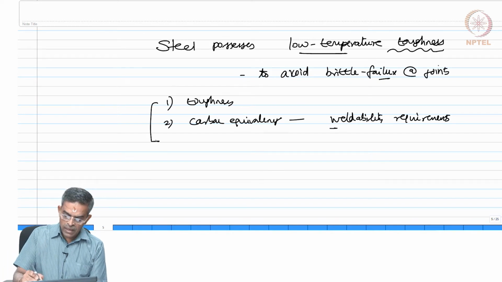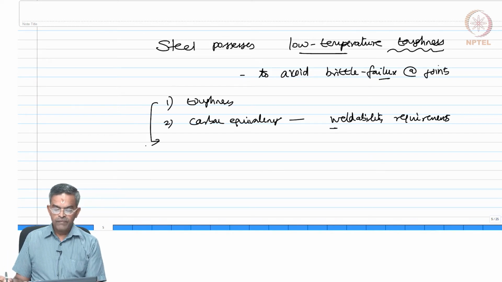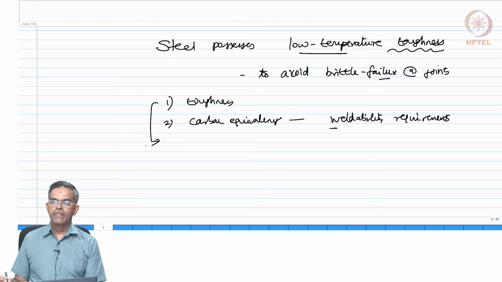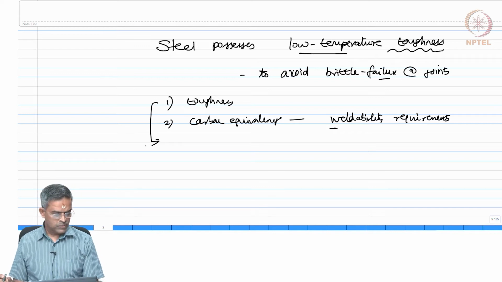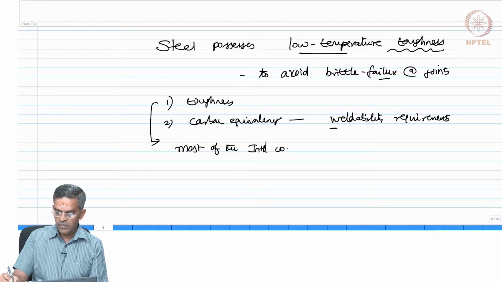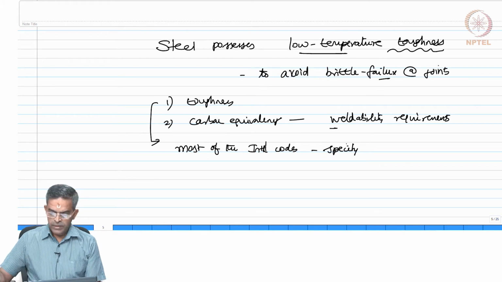Toughness is a criterion which helps us to check the capability of the material under cyclic loads. So, now most of the international codes specify impact test properties for steel.